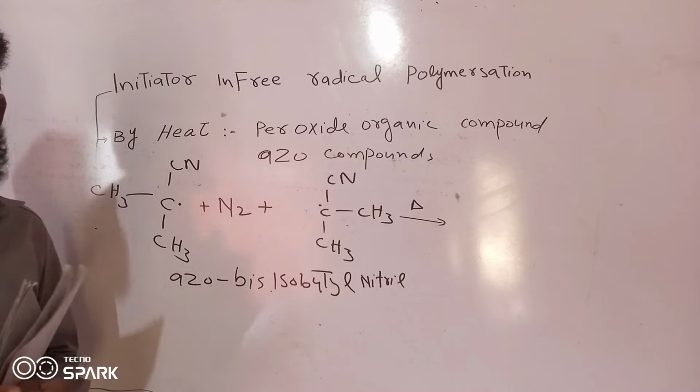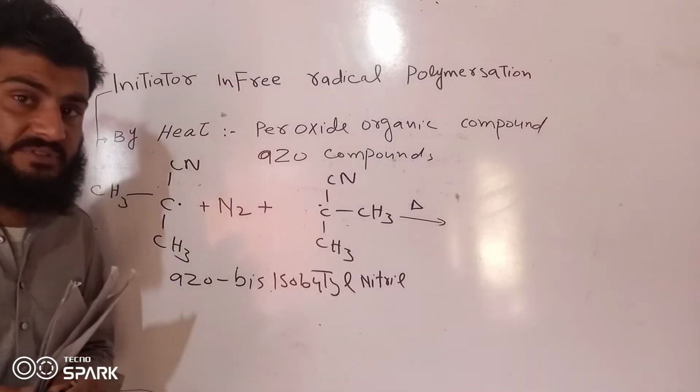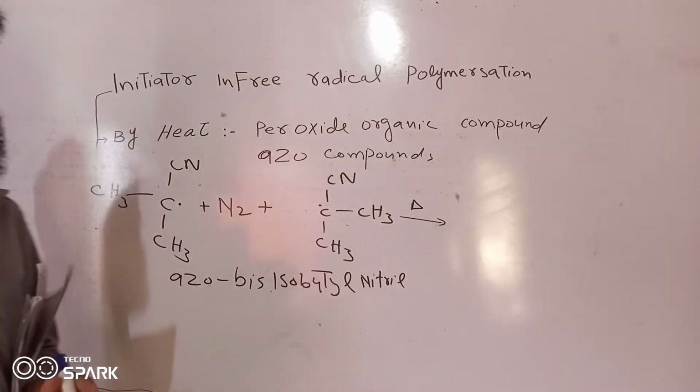These were the two examples of the way by which we can produce radical by using heat.